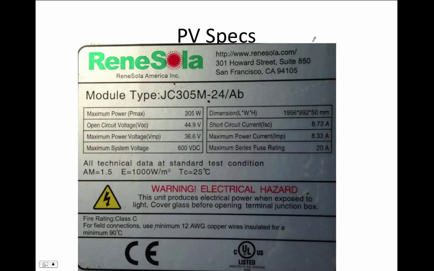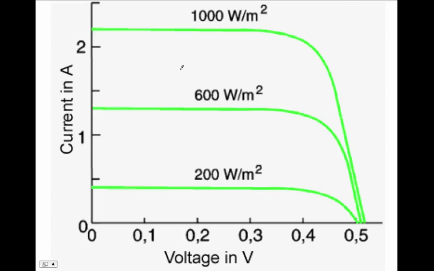And that the short circuit current would be 8.7, which would be this point right here. And you notice that the maximum power point current and the short circuit current over here are very close to the same. So in this case, let me see if I can draw these. V open circuit. And then you'd have V maximum power.